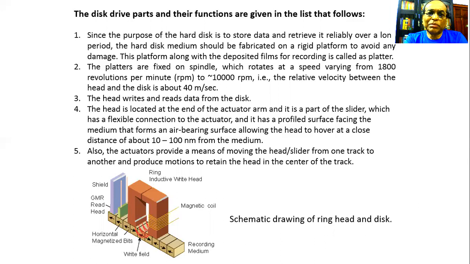The platters are fixed on a spindle which rotates at a speed varying from 1800 revolutions per minute to 10,000 revolutions per minute. That is, the relative velocity between the head and the disk is about 40 meters per second, which is very high.